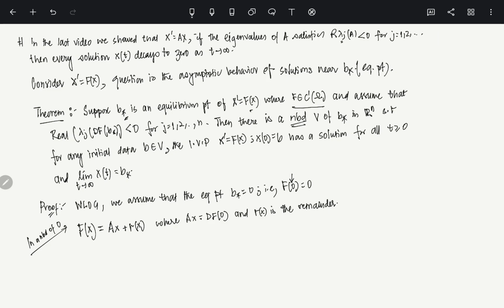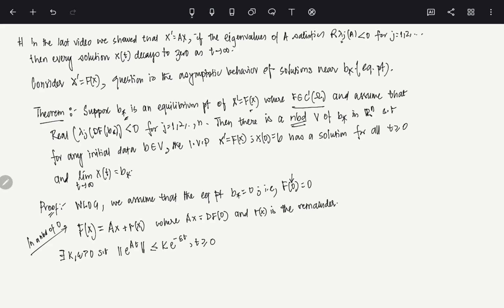Now we know from earlier that there exist a constant k and epsilon positive such that we can always do this. For this a, norm of e power at can be made less than or equal to a constant times e power minus epsilon t, for t greater than or equal to 0.